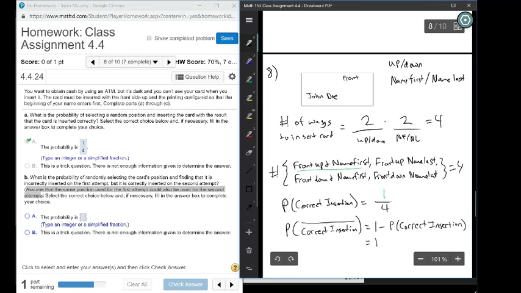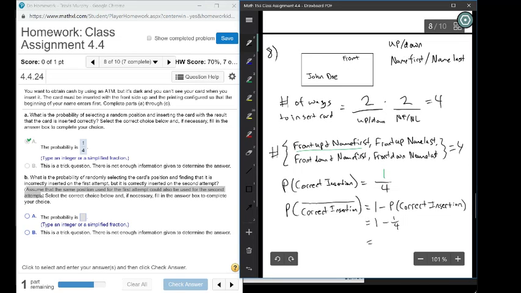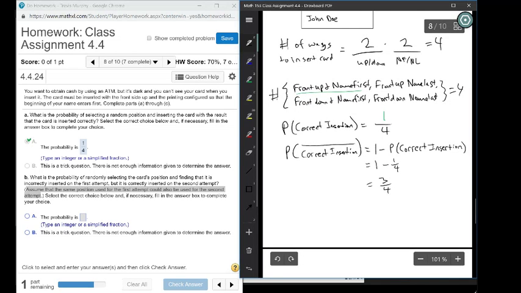So that's 1 minus 1/4, which is 3/4. So the probability first attempt incorrect would be 3/4.